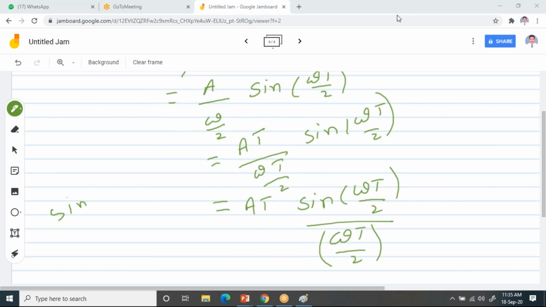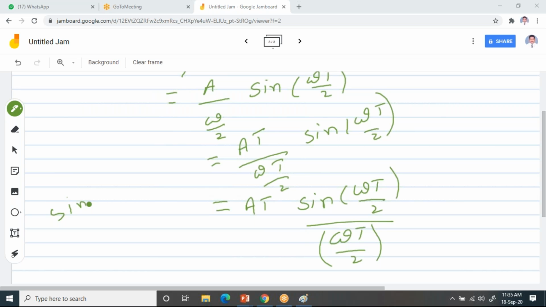We know from the previous chapter we have a function known as sinc function, which you can write as sin x by x, which you can call as sinc x, right?